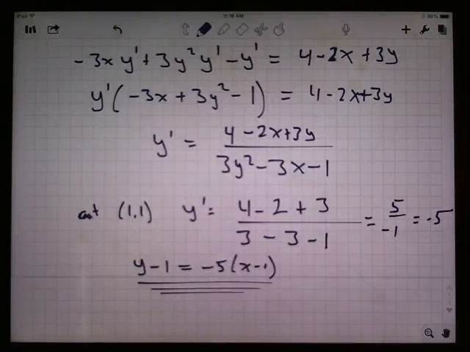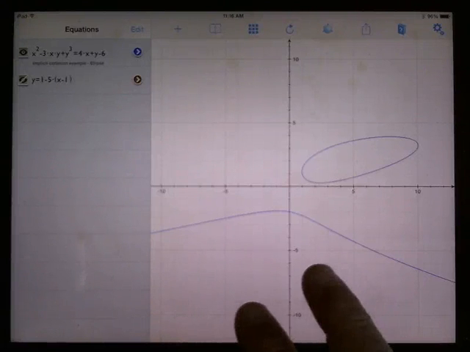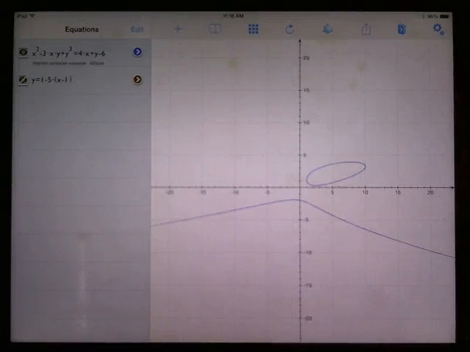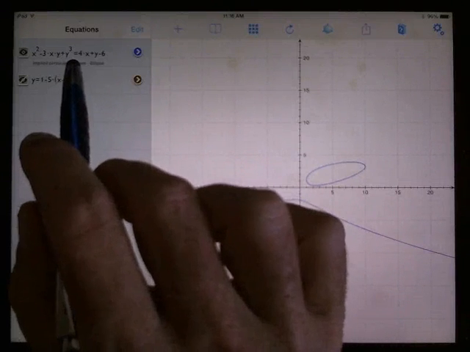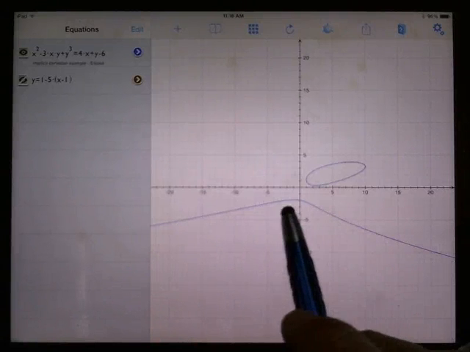One thing I want to do is actually look at a graph and see that this works. So just a moment and I'll switch to the graph. I've asked my graphing calculator here on the iPad to draw the graph of this equation, and it looks like apparently it's got two pieces.